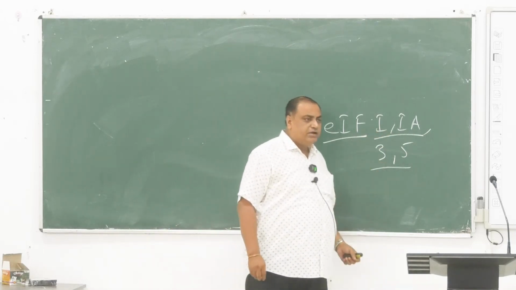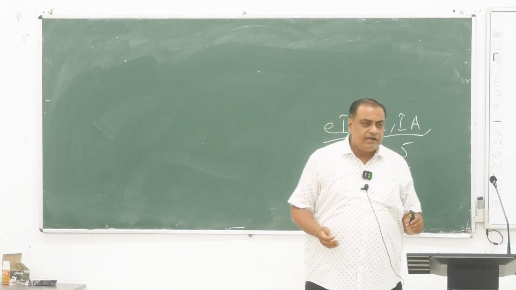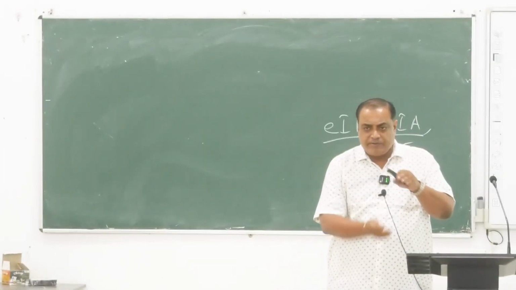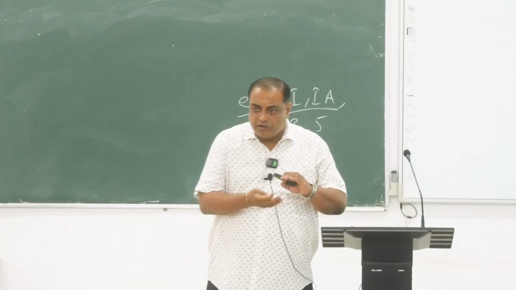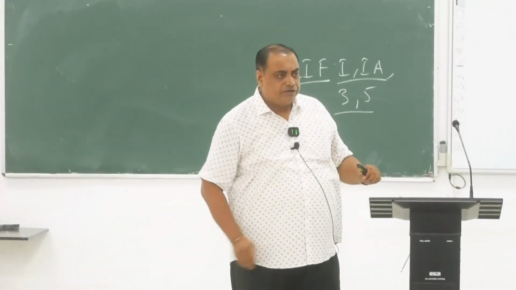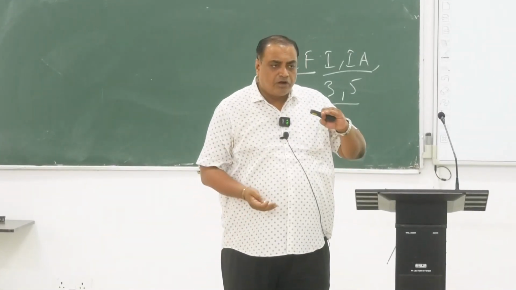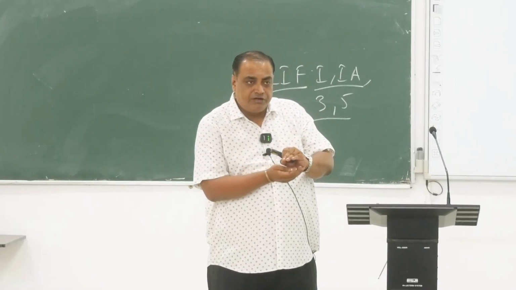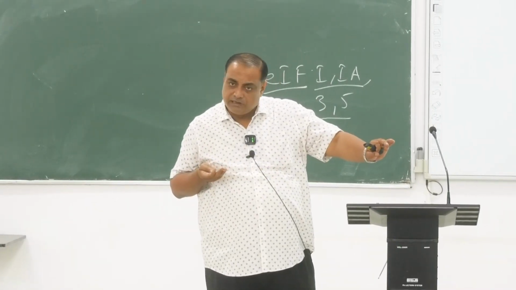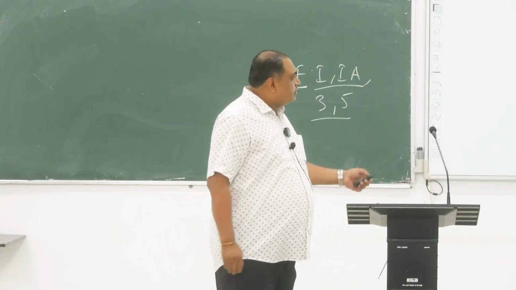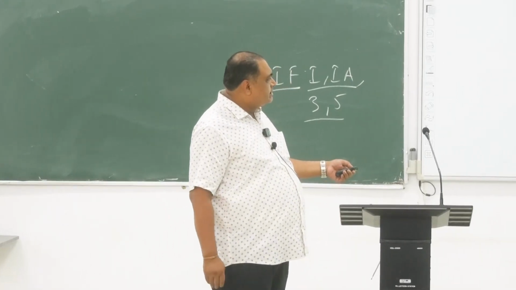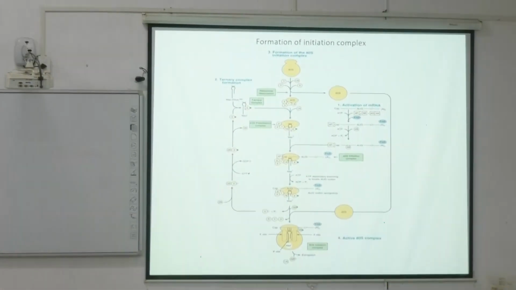So these factors will come and sit in the space at the interface of the 2 subunits. So the 2 subunits cannot rejoin. They will remain separated. Clear? Now the 40S will be added. Now on this side you come.